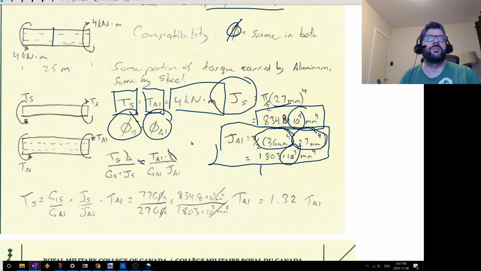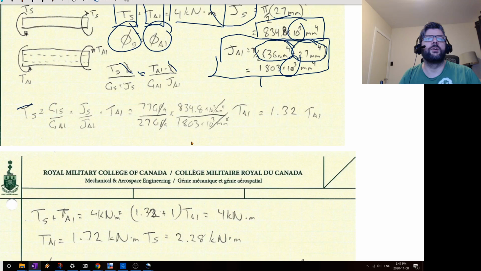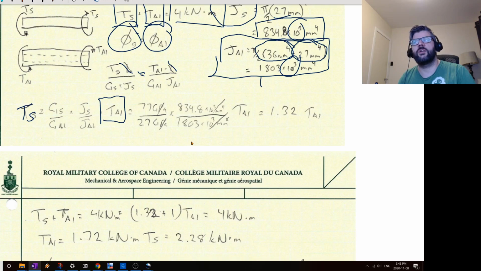We're able to solve for the torque in the steel in terms of the torque in the aluminum. That's the torque in the aluminum times the ratio of the G for the steel divided by the G for the aluminum, times the J for the steel divided by the J for the aluminum.